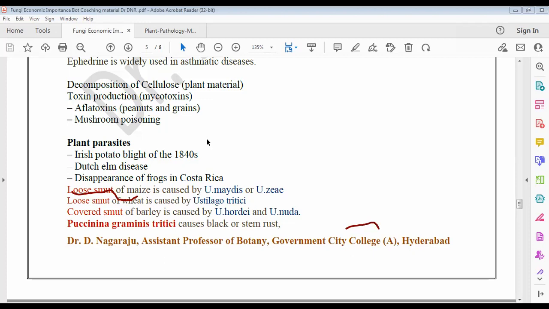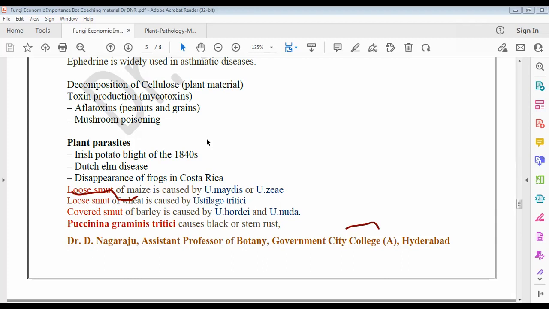That single fungus, Helminthosporium oryzae, causes disease on Oryza sativa, rice. What disease is it? Leaf spot, brown spot, caused by Helminthosporium oryzae. That caused the Bengal famine in 1942.